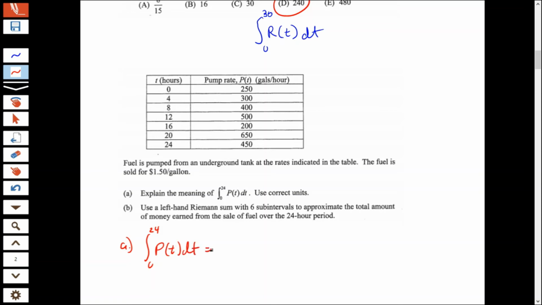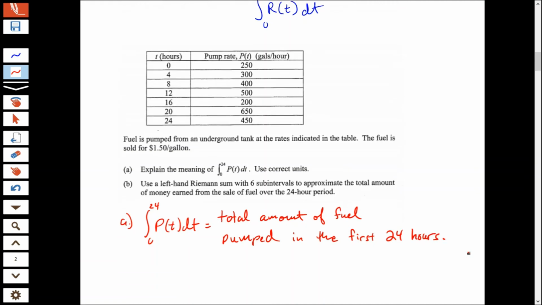Well, since this is the rate that the fuel is pumped from an underground tank, this integral here is going to give us the total amount of fuel pumped in the first 24 hours. Or, of course, you could say in the first day.